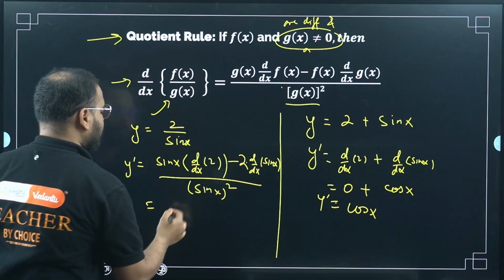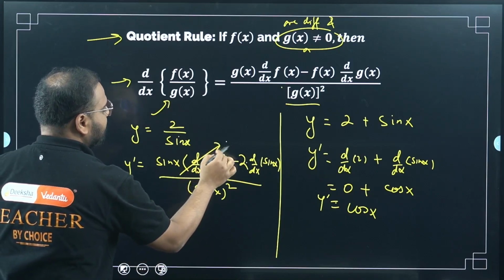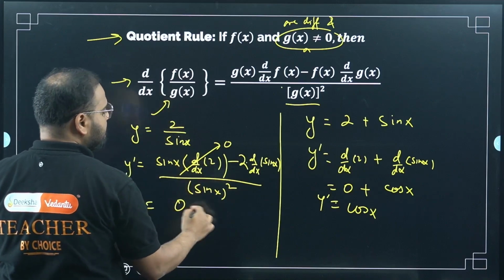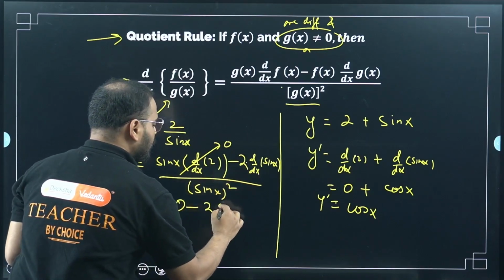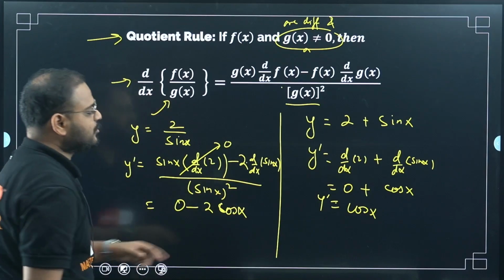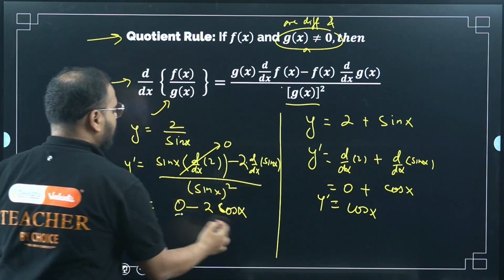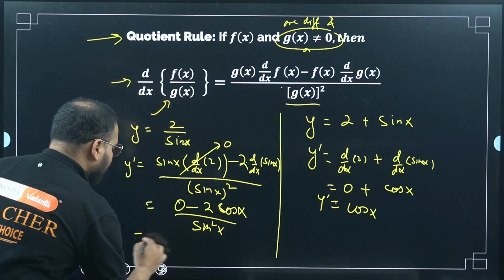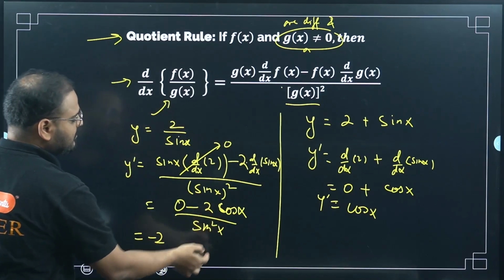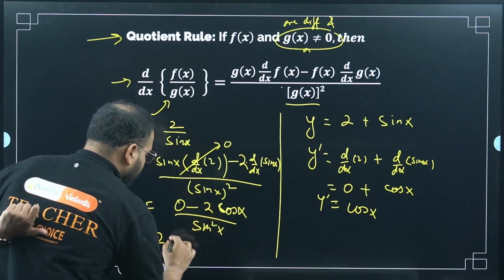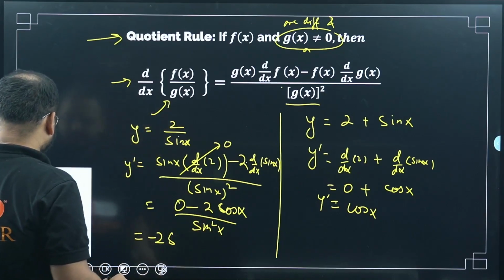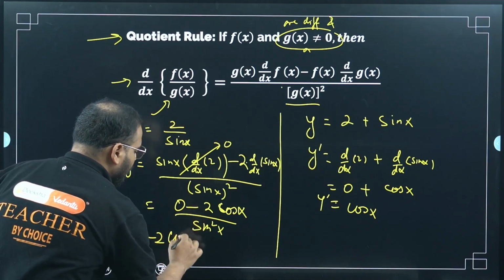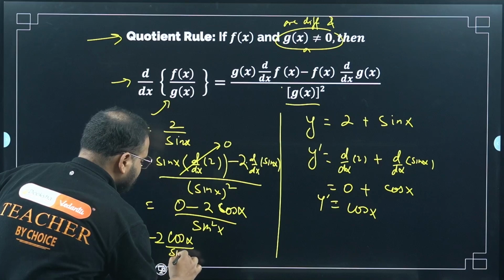What do I get? This is 0. Why, sir? The differentiation of a constant is always 0, so 0 times anything will be 0 only. Minus this will be simply 2 cos x, because the differentiation of sin is cos x, so 2 cos x upon sin squared x. So this will become minus 2 cos x by sin squared x.